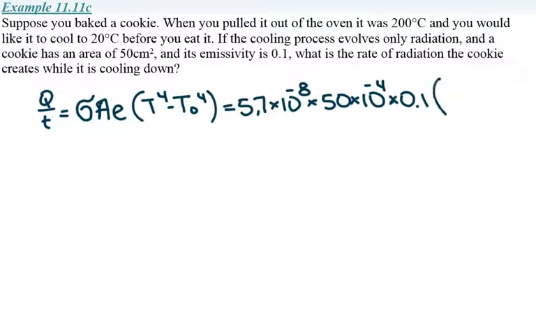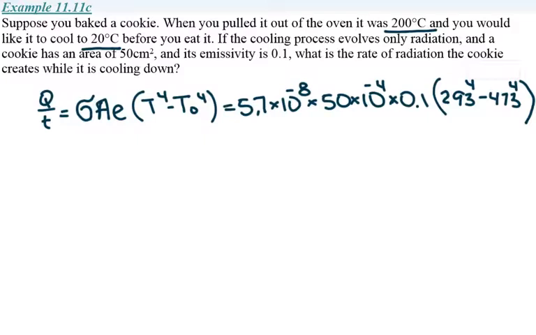And then the temperatures, I have to convert to Kelvin. So the final temperature is 20 degrees Celsius, plus 273, that's 293 to the fourth power, minus the initial, which is 200 plus 273, gives me 473 Kelvin.